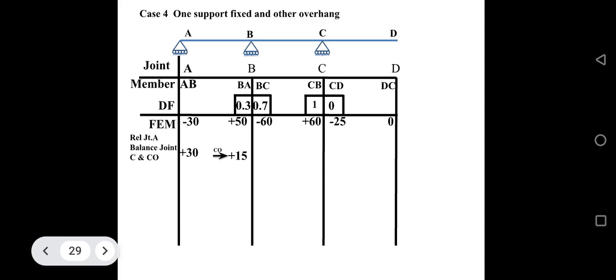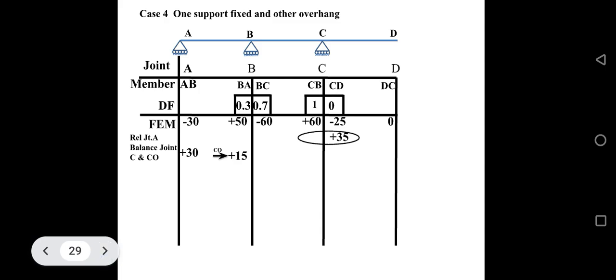Now, if we see joint C, calculate the unbalanced moment. The unbalanced moment for joint C is the difference of plus 60 and minus 25, which is plus 35. Now this moment is to be distributed in the proportion of their distribution factors, which are 1 and 0, with the opposite sign.